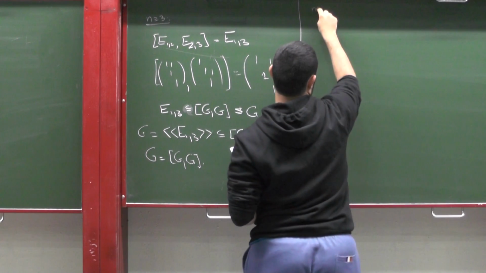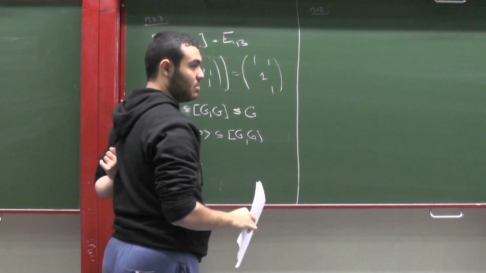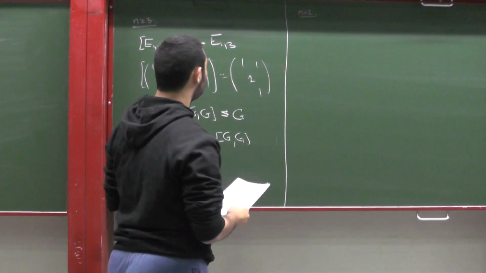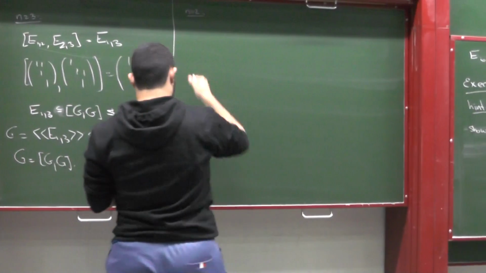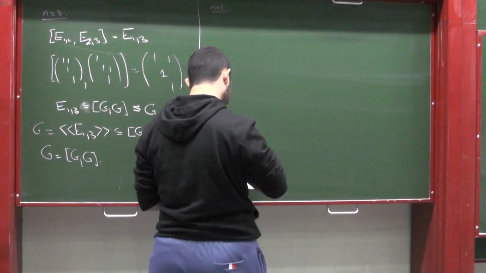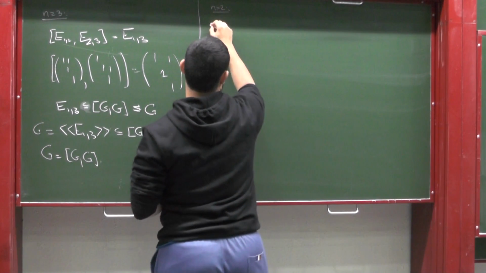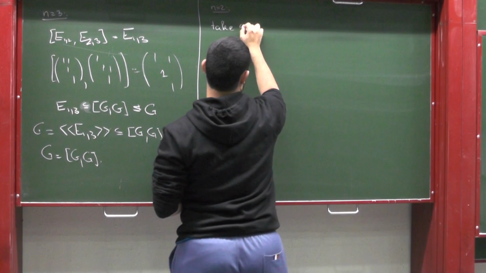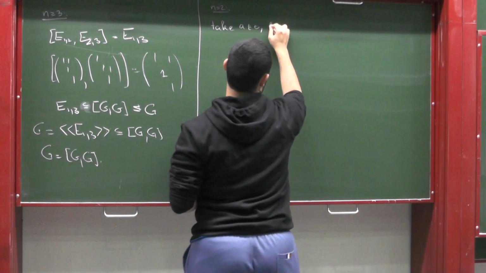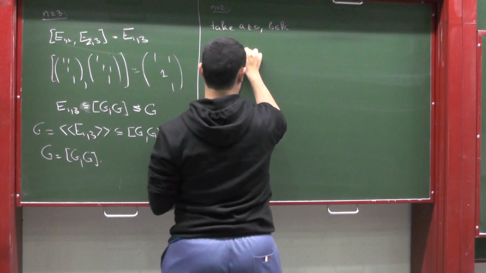So let's suppose that N is equal to 2 and see some demands pop up on K. Take some A0 general in K and compute this commutator.